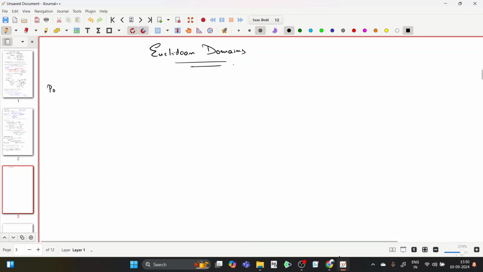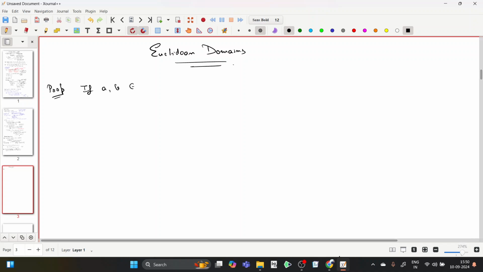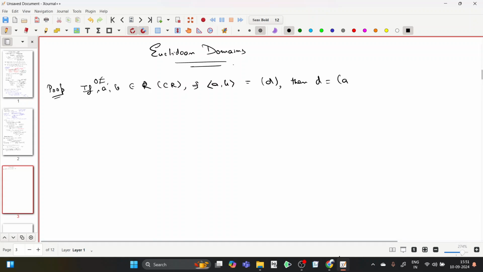So I guess in the previous lecture we had ended with this proposition: if A and B come from a commutative ring R, both non-zero, and the ideal generated by them is a principal ideal generated by some element D, then I defined D to be the GCD of A and B. This is a very trivial proposition.